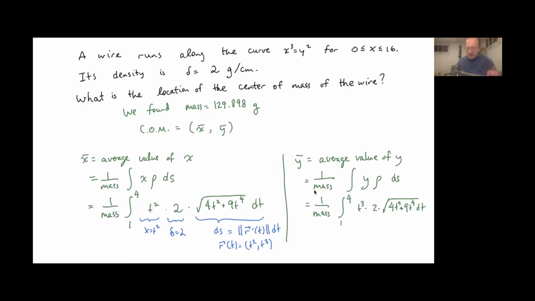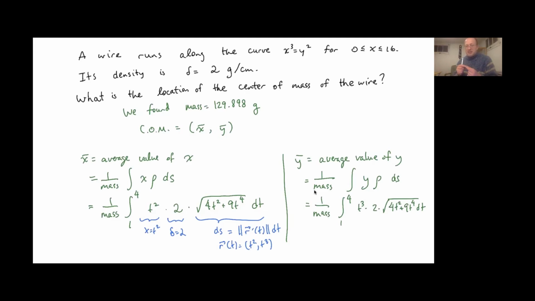Why do we integrate x times the density or y times the density? Well, if you imagine breaking each piece up into little segments, and you're trying to count the amount of x or the amount of y total.